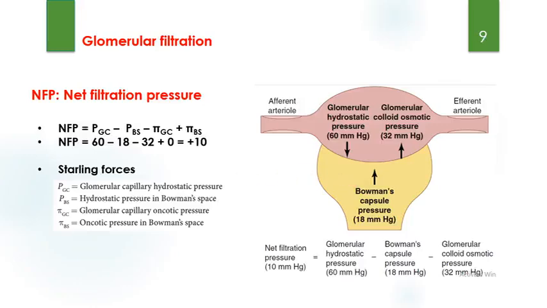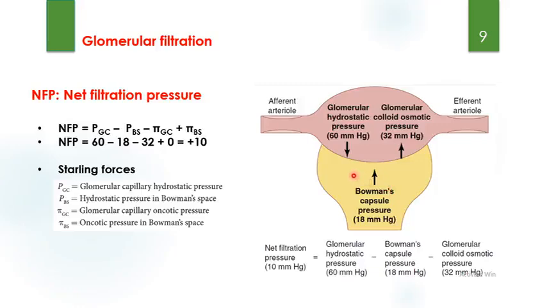The hydrostatic pressure inside the glomerular capillary favors filtration, but the oncotic pressure that is determined by plasma protein opposes filtration. On the other hand, in the Bowman's space, hydrostatic pressure opposes filtration and the colloid osmotic or oncotic pressure inside Bowman's space favors filtration. But the values determine the final or net result.